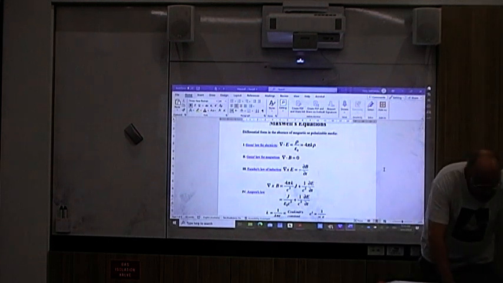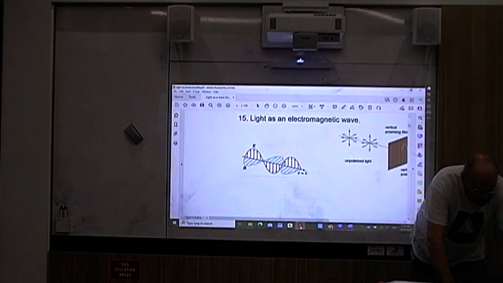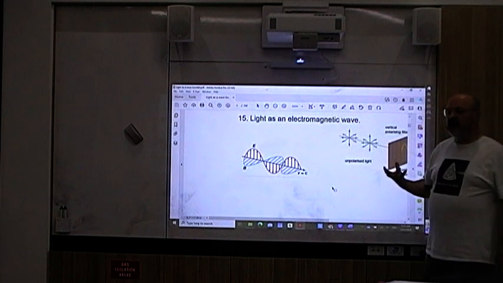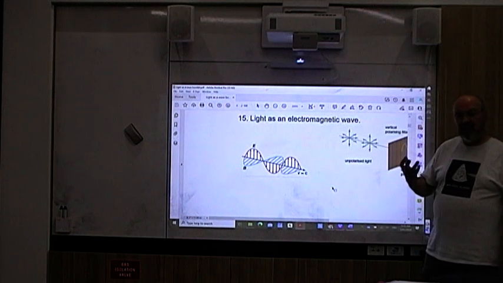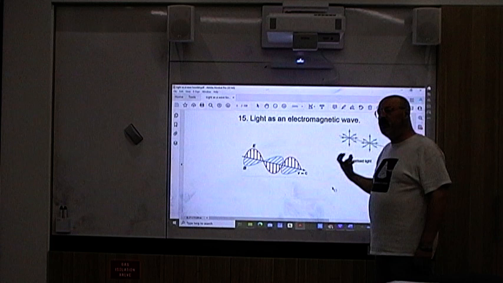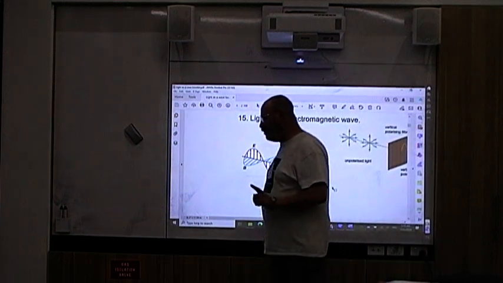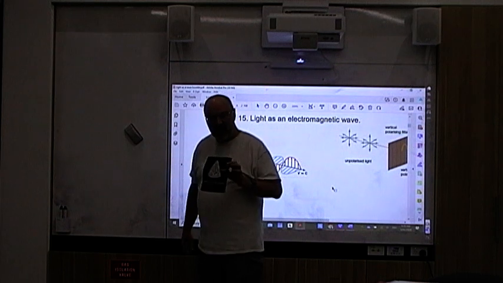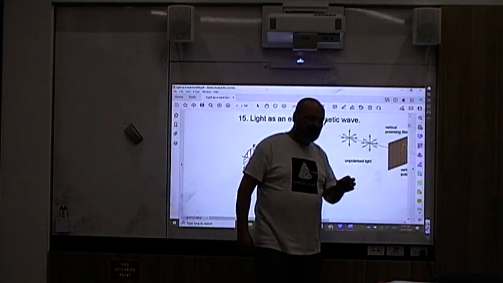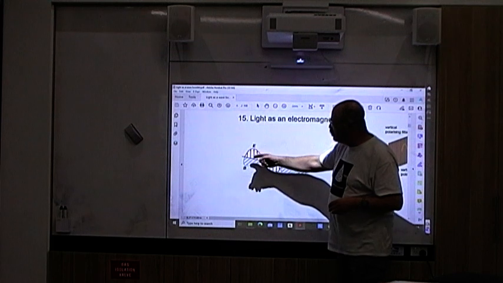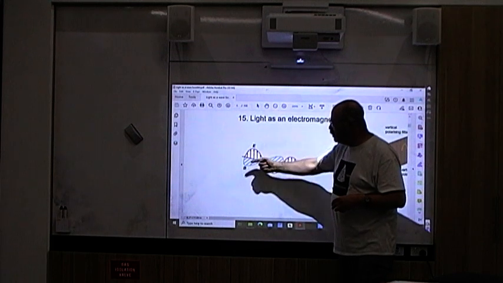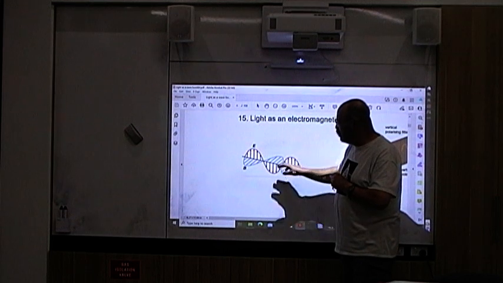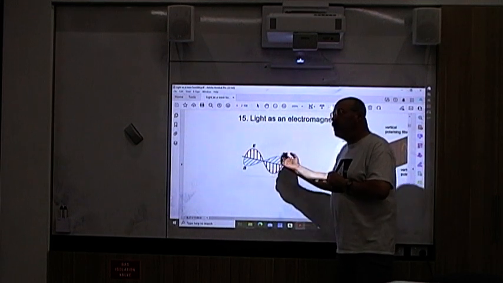Now, going back to the previous picture. What's important for an electromagnetic wave to be created is that a change is needed. A change in the electric field creates a change in the magnetic field, which in turn creates a change in the electric, which in turn creates a change in the magnetic, and so on.